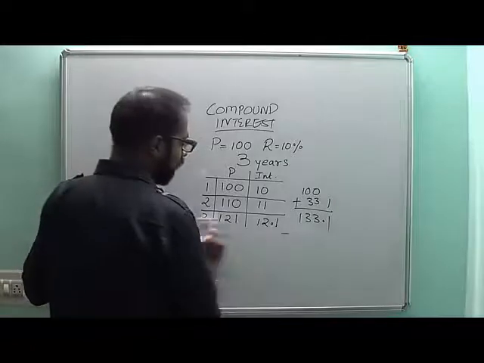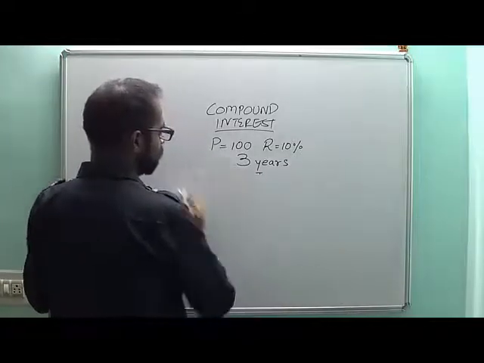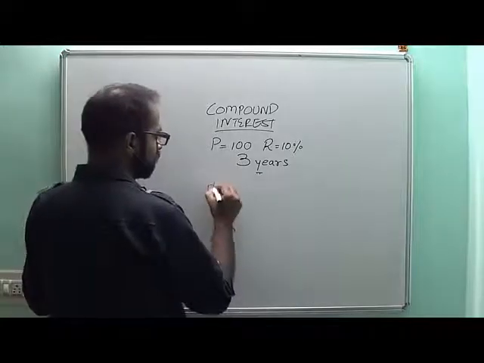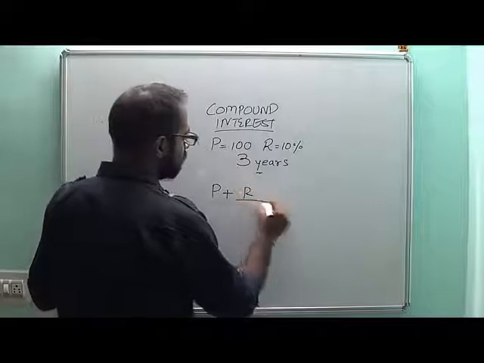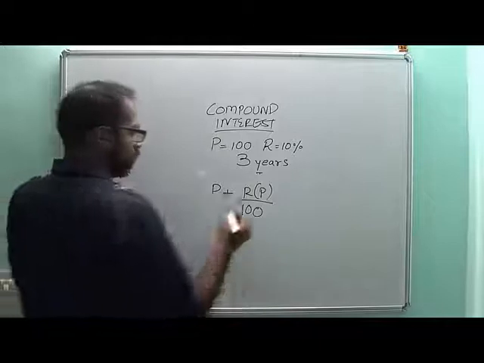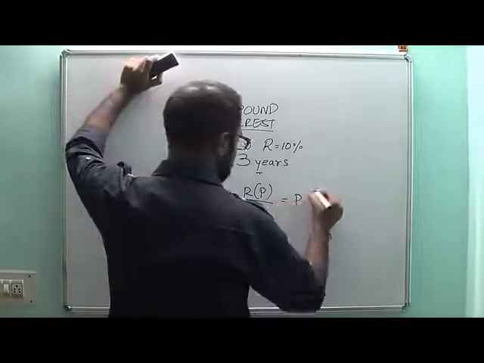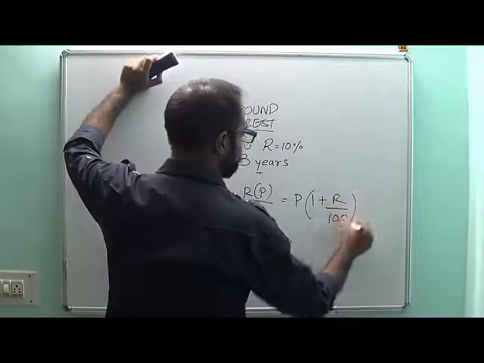So what are we basically doing here? Well, for the first year, whatever was my principal, I was adding R percent of the principal to it. So for the first year I was getting P into 1 plus R upon 100.